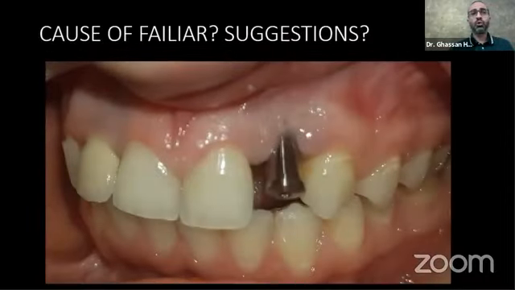So, the cause of the failure and suggestions. Most probably the cause of the failure of this graft is poor blood supply to this area, because it's over metal, not over bone or periosteum or a connective tissue bed. So I think it failed because of lack of blood supply to my graft.